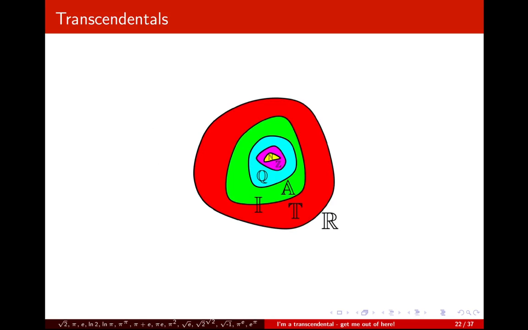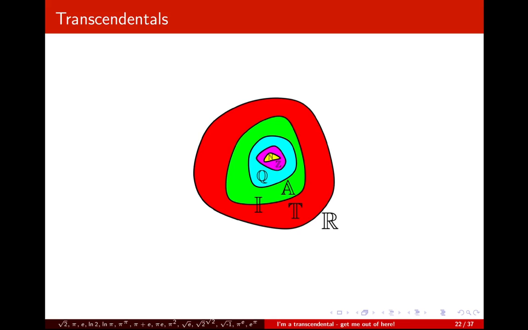So we have the composition as shown. The natural numbers sit within the integers, sit within the rationals. All of them sit within algebraic numbers, and there are algebraic numbers which are rational, so just in Q, and there are algebraic numbers which are irrational, which just sit in the green part.